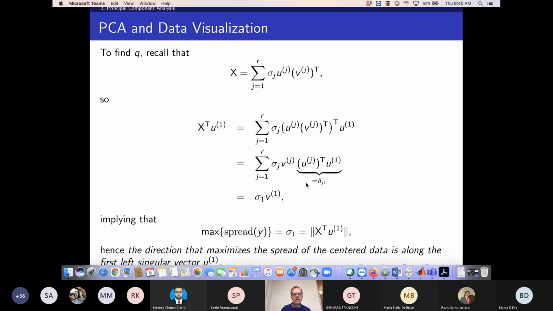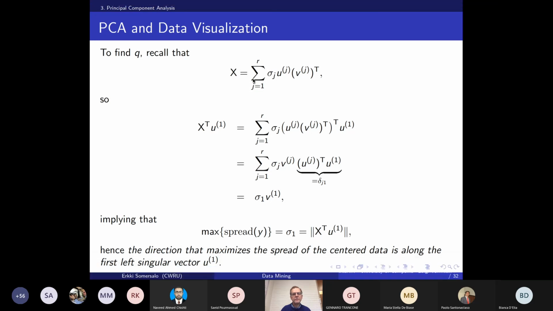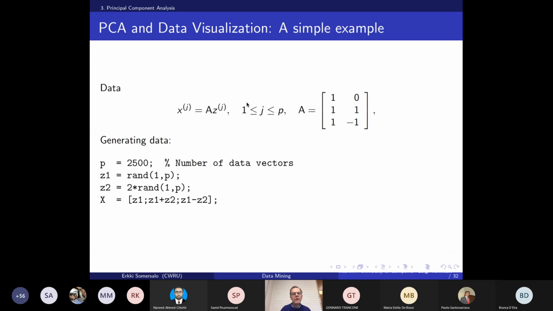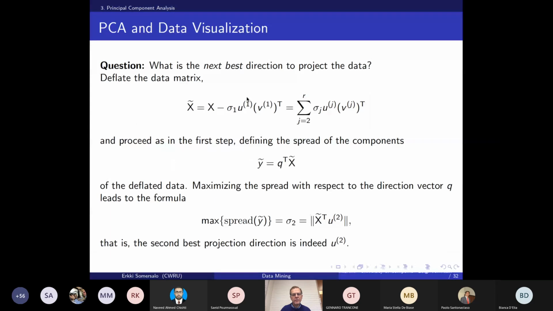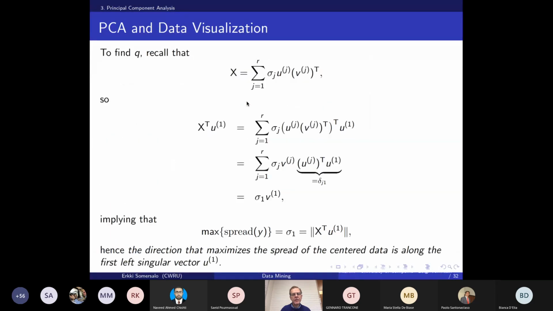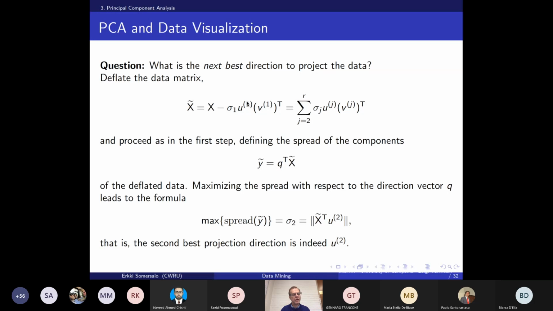So if we want to visualize the data, we should look at the first principal component. So the first principal component gives you the largest spread of the data.